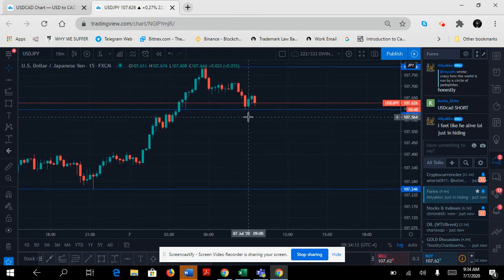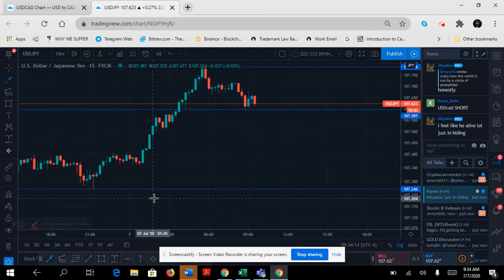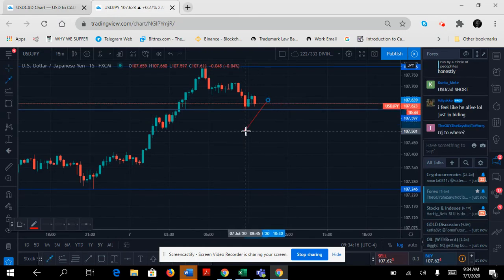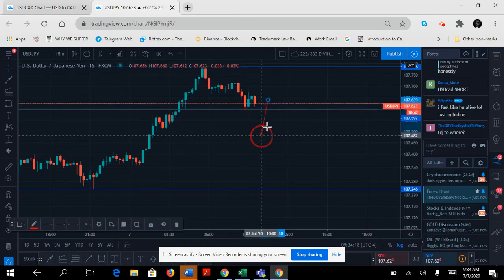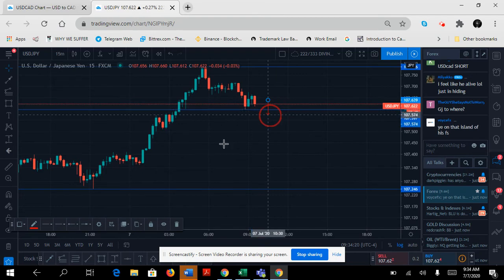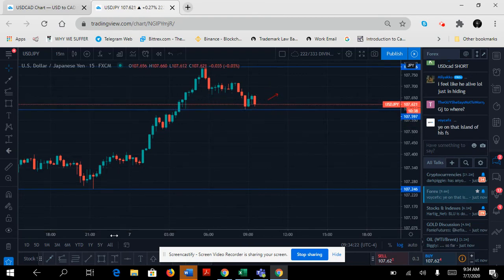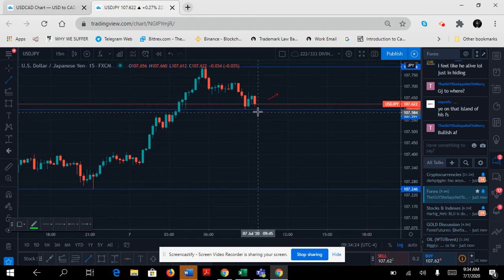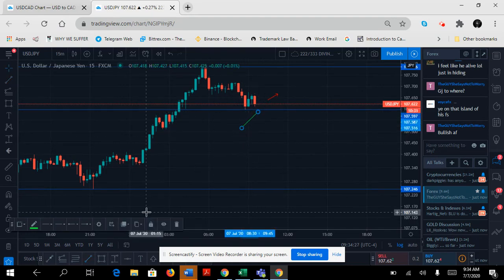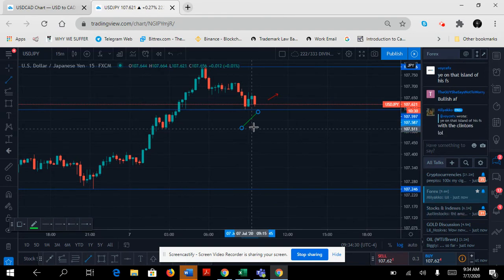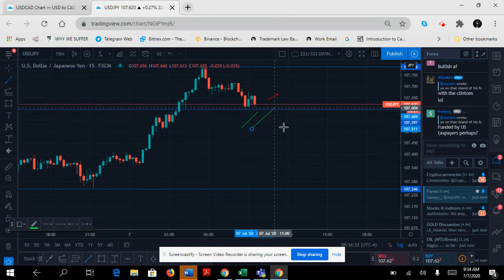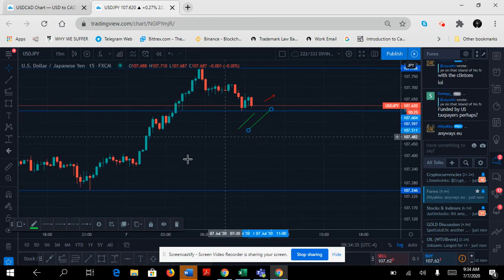They look for maybe price to break out of this. Price breaks out, and then once price breaks out, they want to come back and retest and take this down. So break, and then retest, and then down to the downside.